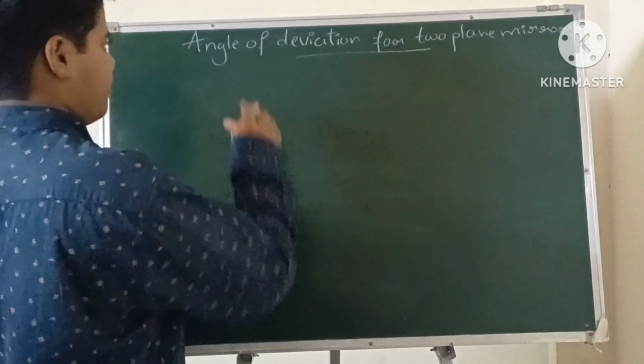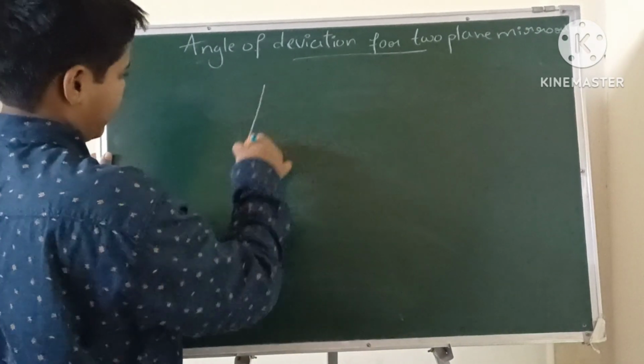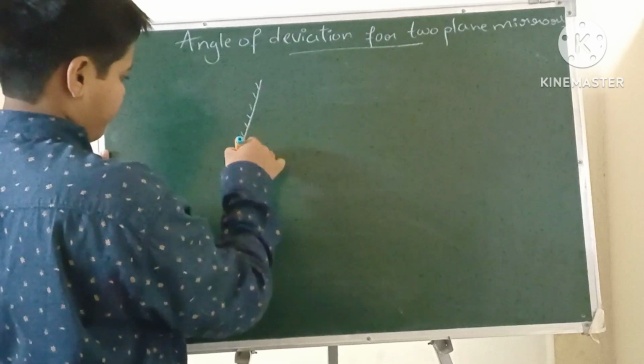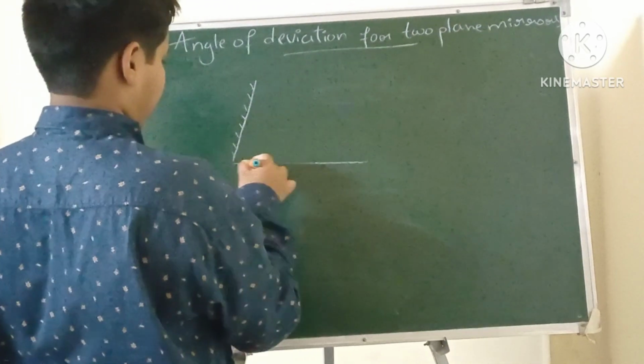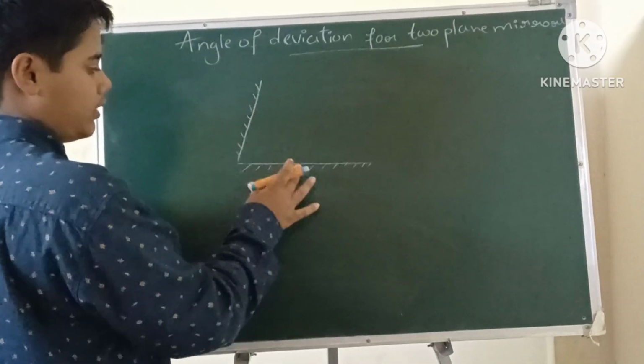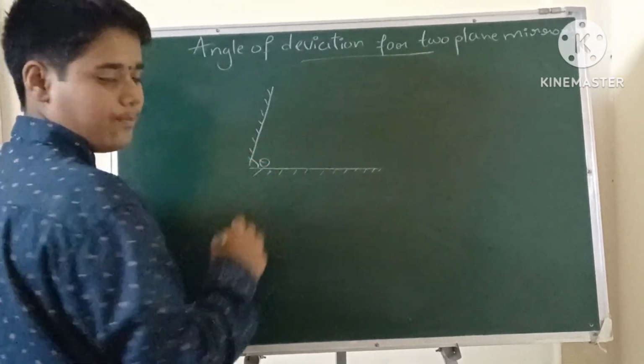For angle of deviation for two plane mirrors, we have to take like this. This is one plane mirror and this is another plane mirror. These both are inclined and having angle theta.